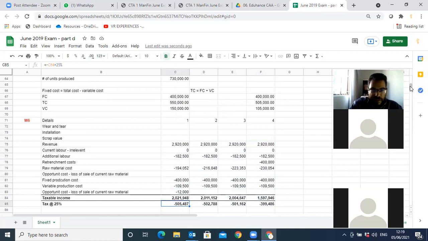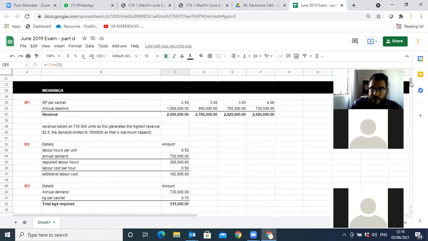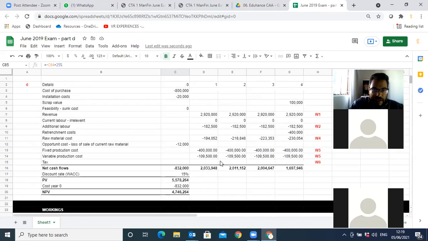So that is C85. If I go over here, I take the answer as is, equal to C85, it's already an outflow. Because it was a taxable income, I expect an outflow. If it was a taxable loss, I would expect an inflow, so a positive number.